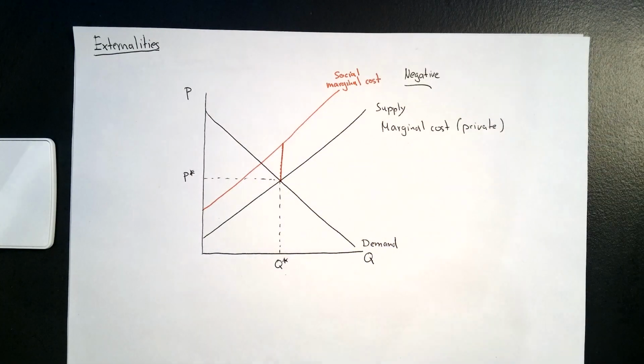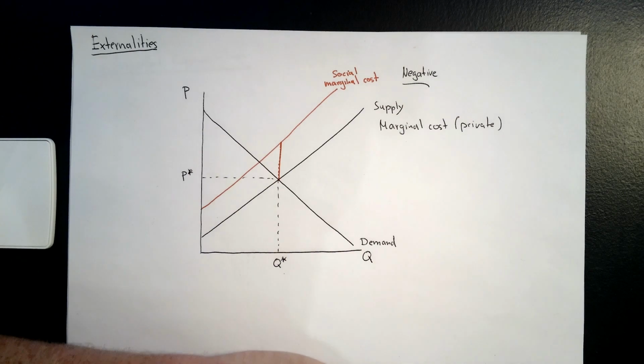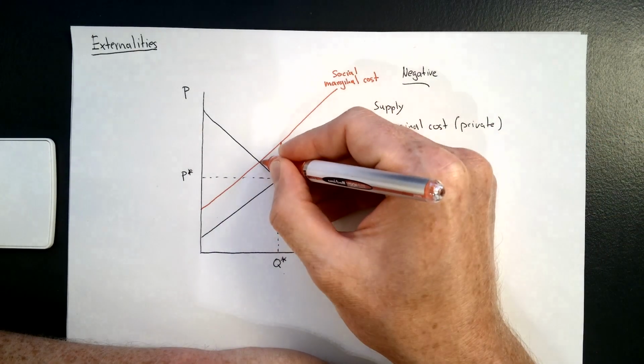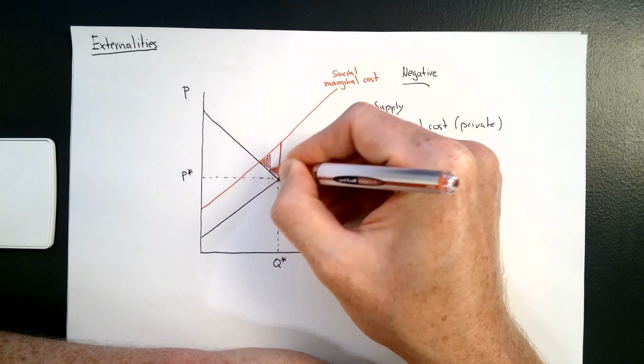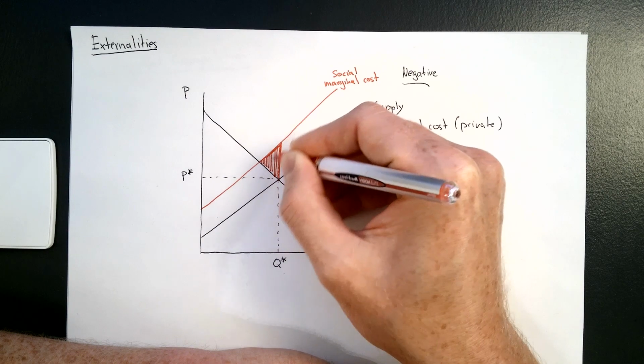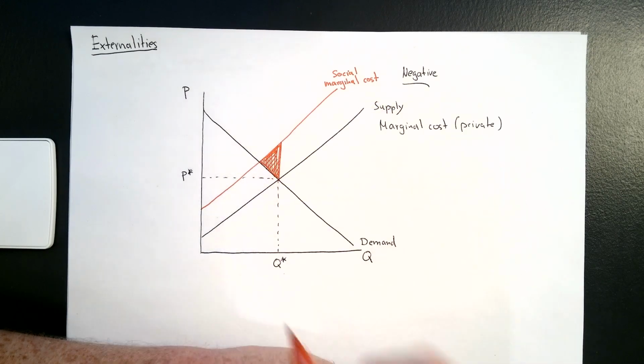Okay. And it can be shown, and this would be for a much more extensive video, that if you have a negative externality, this triangle here is what is called a deadweight loss.